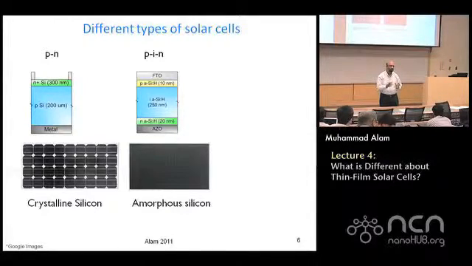You keep bouncing and you have to wait a long time before they get fully absorbed. So the main thing is that you require a smaller amount of material, in part because you have easier absorption. It's a direct band gap material. Most thin films are direct band gap materials, so they absorb light easily.